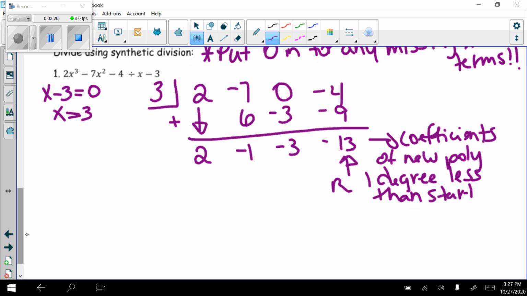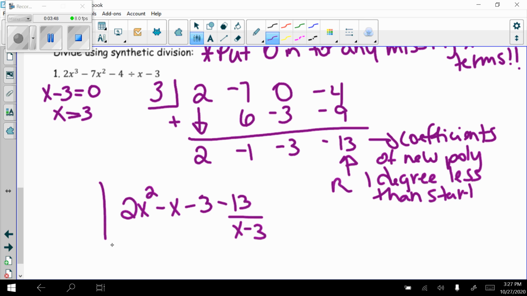All right, so I started out with an x cubed, so my answer is going to be an x squared. So my answer is 2x squared, because my coefficient was 2. Then I go to minus 1x, or minus x, minus 3, my remainder, so minus 13 over what I divided by, x minus 3. That is my answer. Okay?